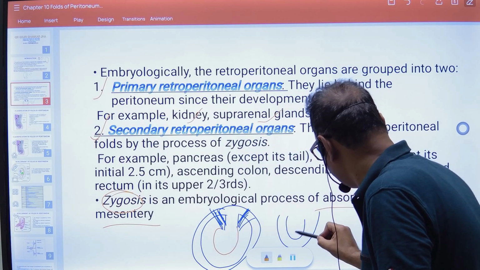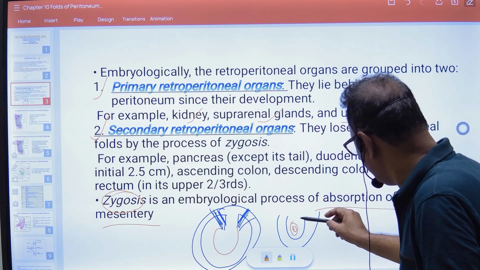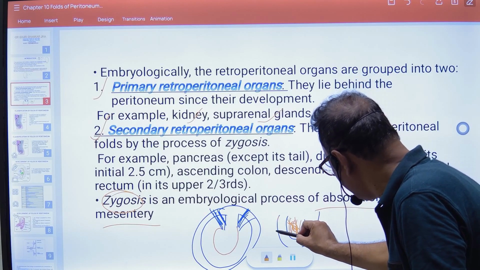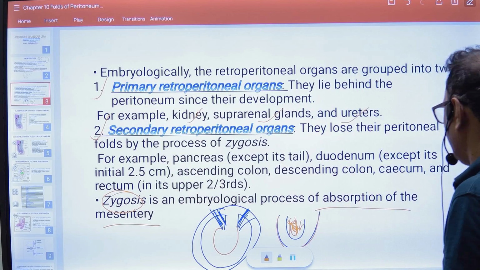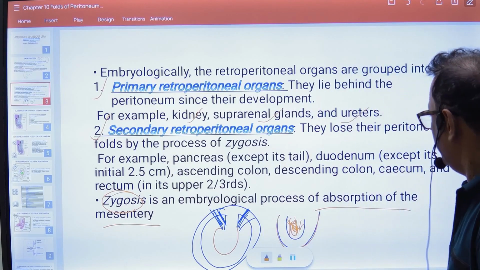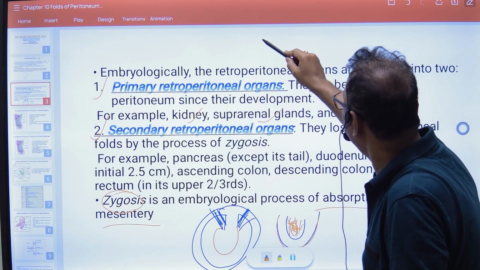Here we have got the organ, and it has only the visceral peritoneum. They do not have the parietal peritoneum due to absorption by the process of zygosis.